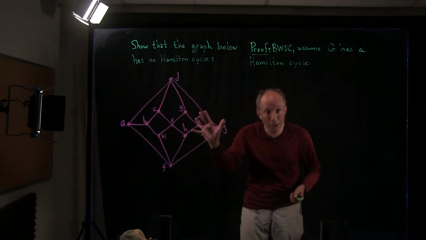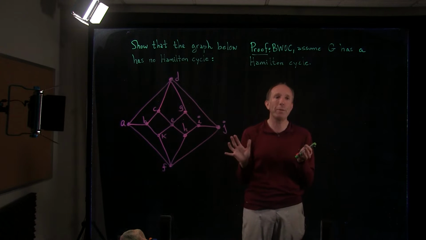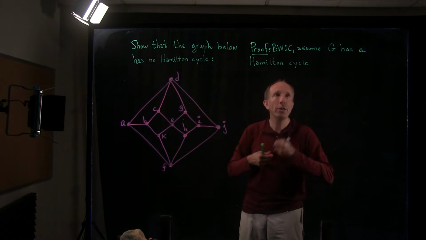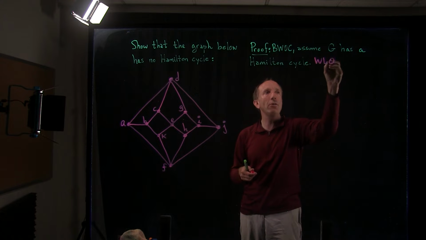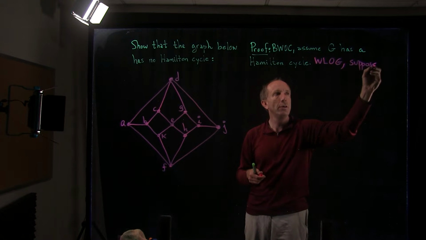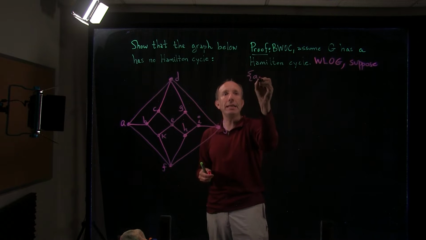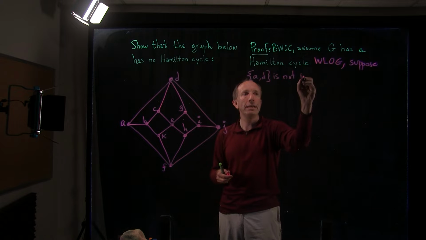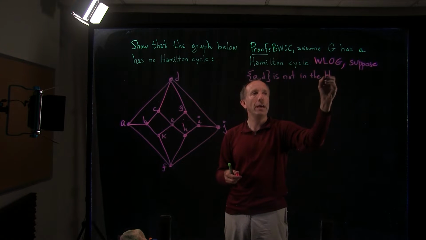Now there may be several of those four edges that are not used by the Hamilton cycle, but at least one of them is not used. So I'm just going to say here, without loss of generality, suppose that AD is not in the Hamilton cycle.